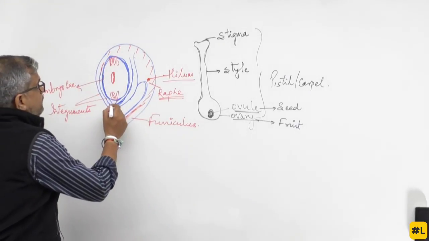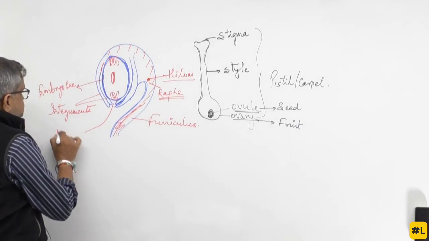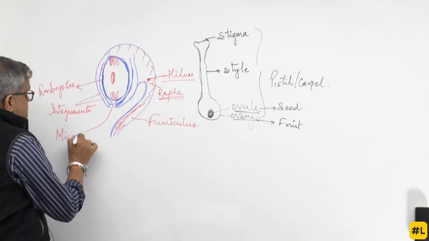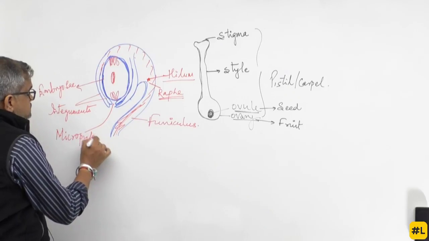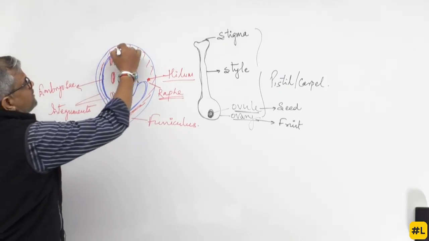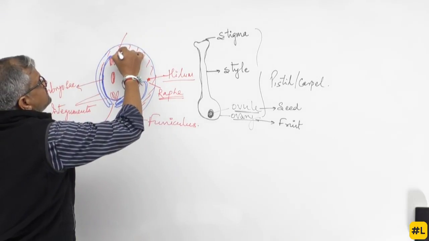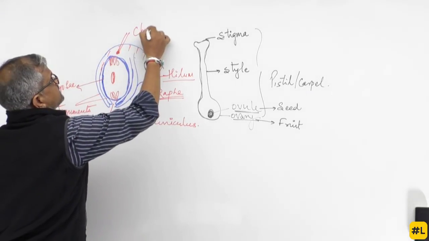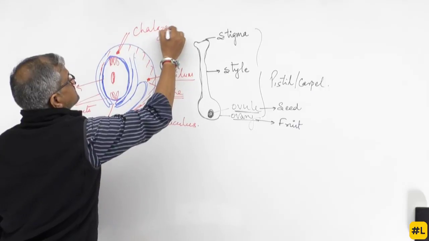Here you see this opening is called the micropyle. Opposite to the micropyle, this area is called the chalaza.